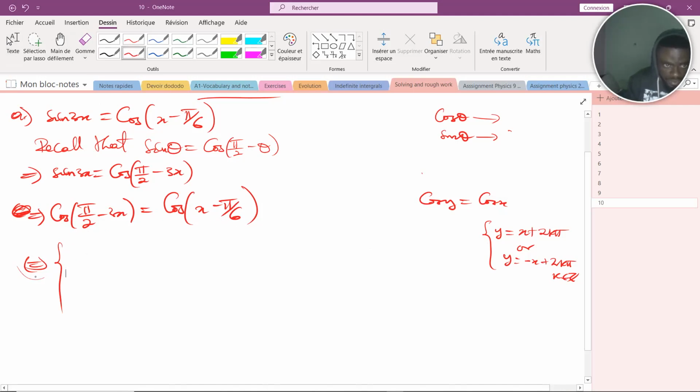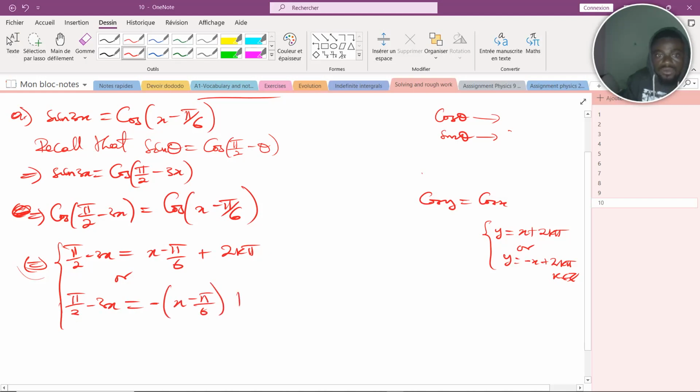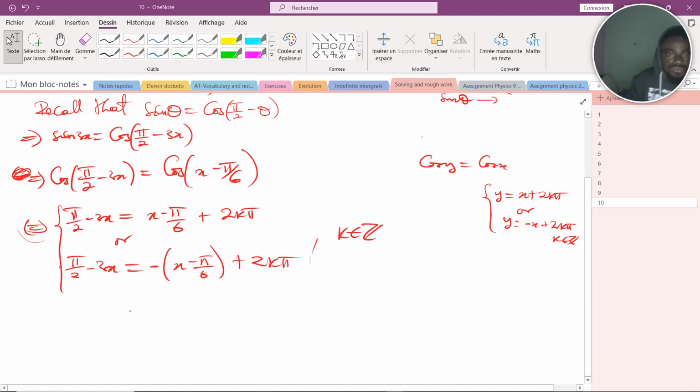This is equal to this if and only if pi on 2 minus 3x is equal to x minus pi on 6 plus 2k pi, this first one, or pi on 2 minus 3x is equal to minus of this whole angle, so minus x minus pi on 6 plus 2k pi, as this other one says, with k belonging to Z. Very good.